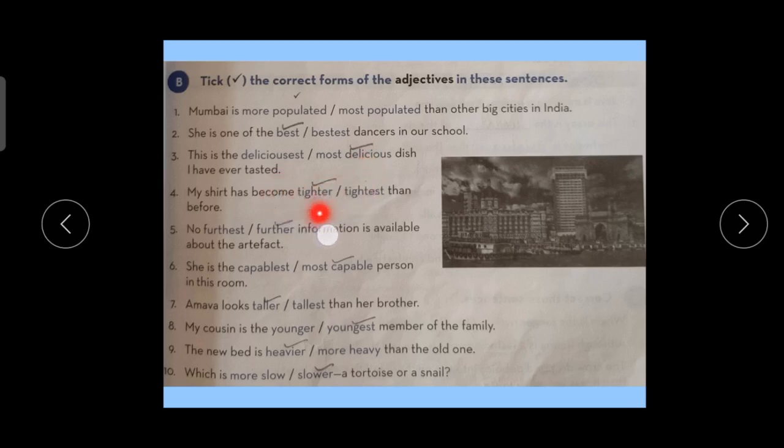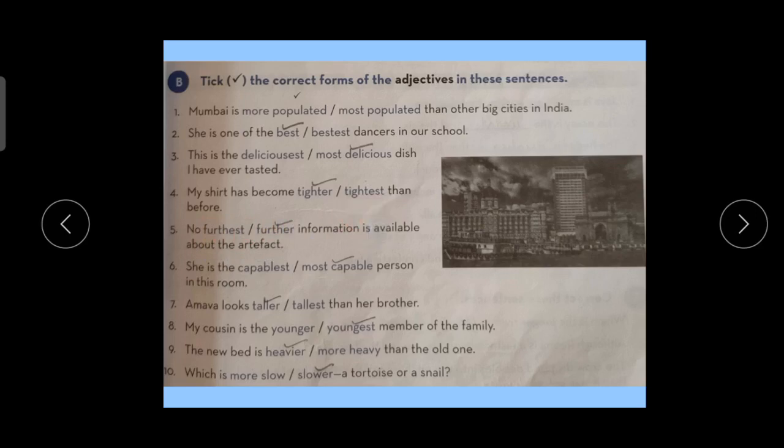Deliciouser or deliciousest is not the comparative or superlative degree. We always use more and most to form them. Here, the was already given, which suggests that we have to use the superlative degree. Most delicious is correct.